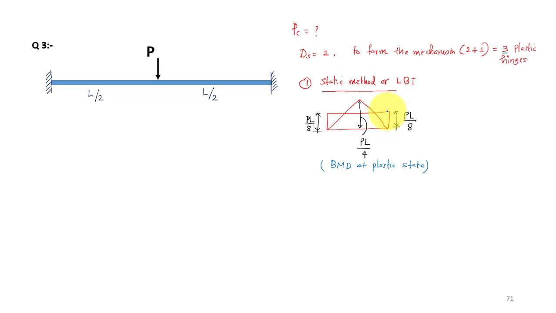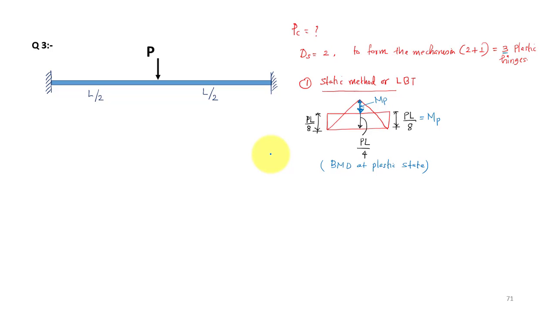One peak moment will be here, and one peak moment will be this moment. This is the net bending moment. One is positive and one is negative: this is the sagging moment and this is the hogging moment. The net moment will be this much, and that net moment is equal to Mp, and this moment also will be equal to Mp.